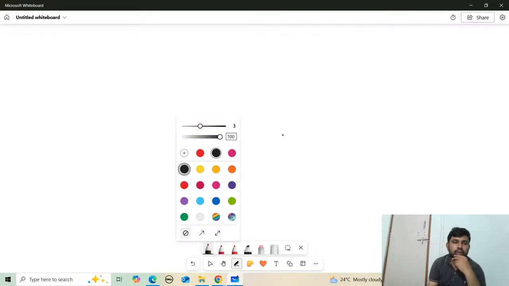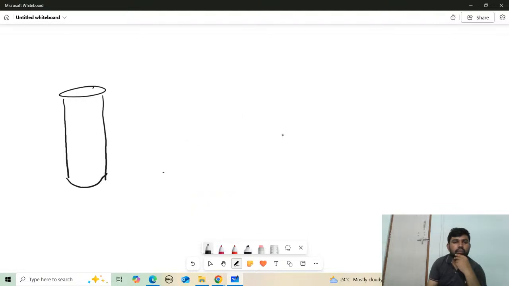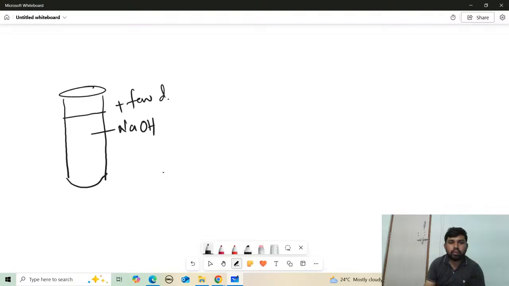They took one test tube, and here they took NaOH. Now to this NaOH they are adding a few drops of water, and a few drops of phenolphthalein.